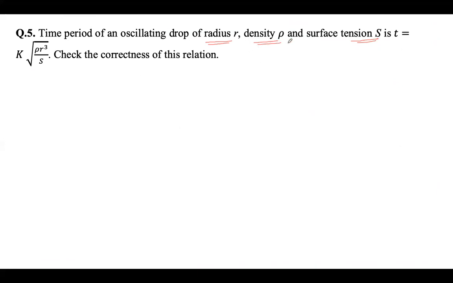If you find the dimension of each of these, time period T is equal to K times root of rho R cube by S.